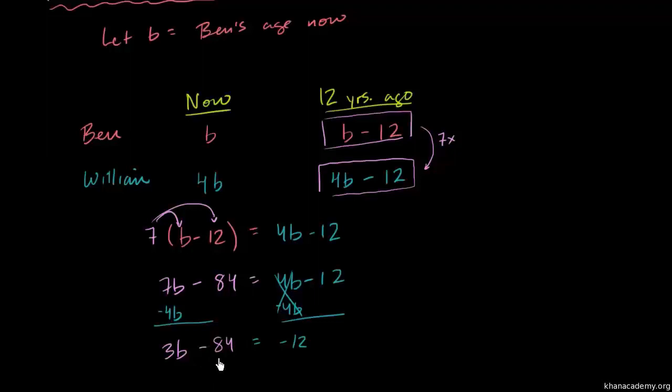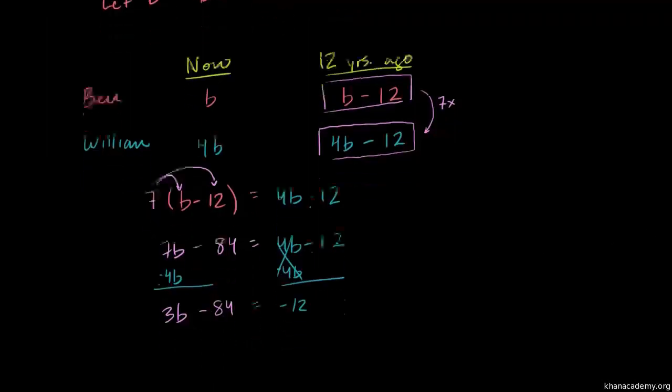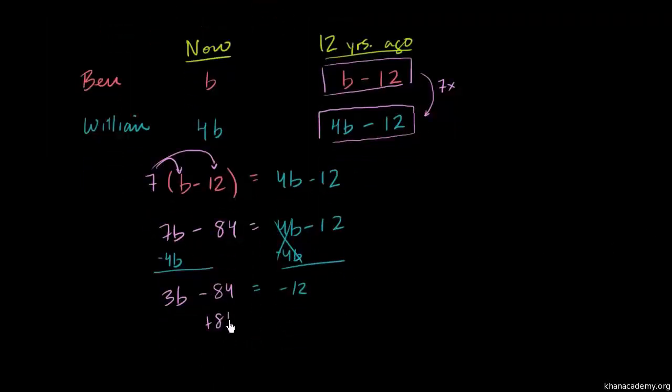I want to get rid of this minus 84 on the left-hand side, so let's add 84 to both sides. On the left-hand side, I'm just left with 3b. And on the right-hand side, I have negative 12 plus 84, or 84 minus 12, which is 72.